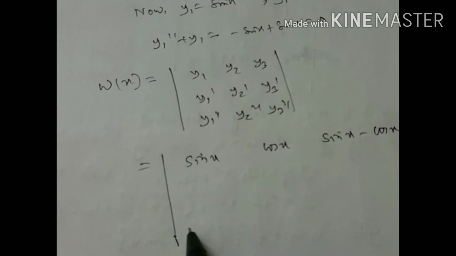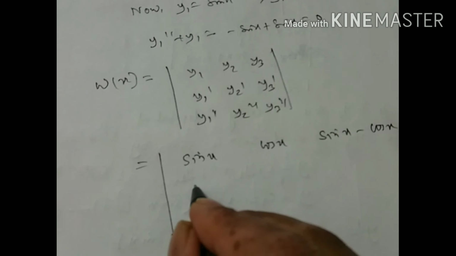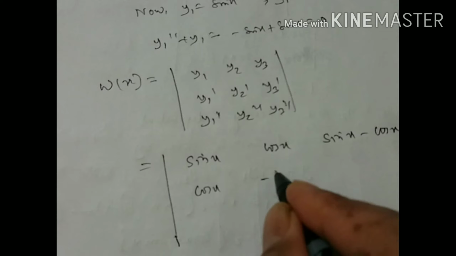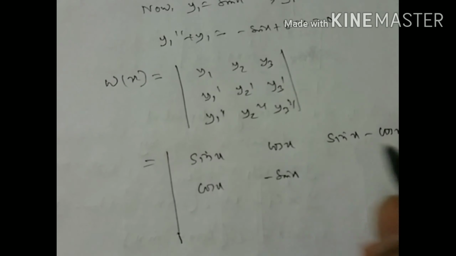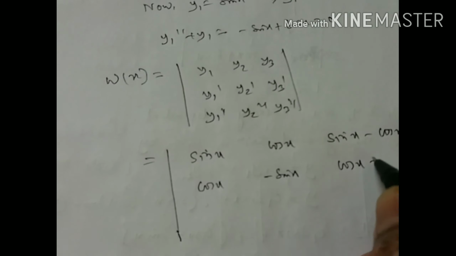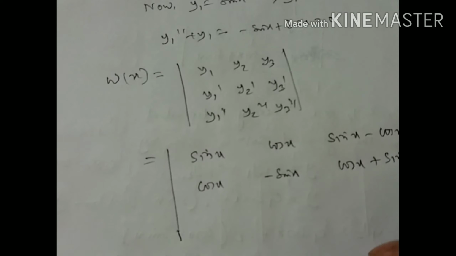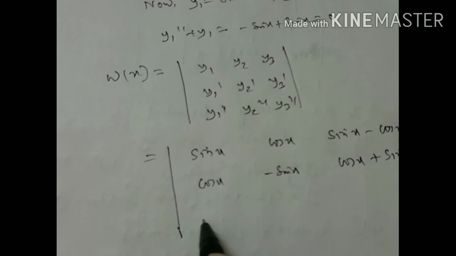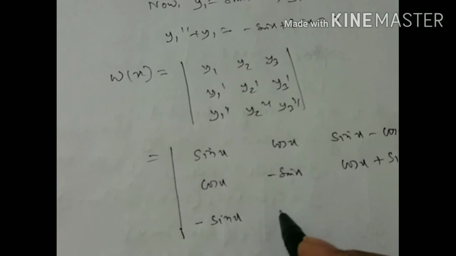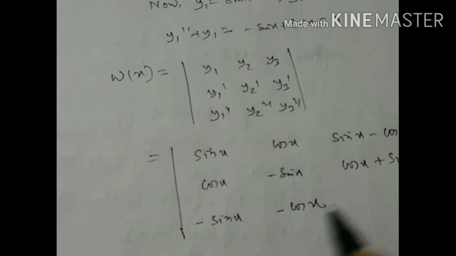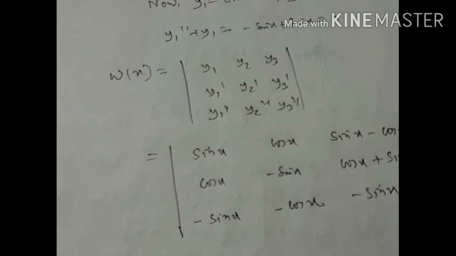Next, y1 dash: the differentiation of sin x is cos x, of cos x is minus sin x, and of sin x minus cos x is cos x plus sin x. Next, y1 double dash: again differentiating, cos x gives minus sin x, then minus cos x, and minus sin x plus cos x.